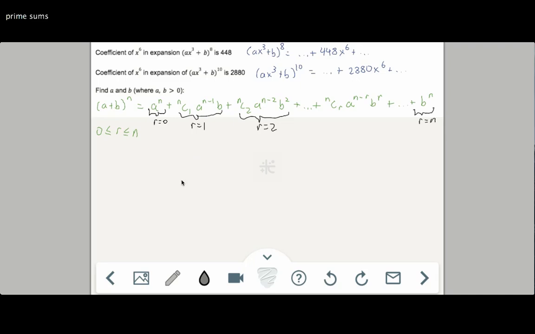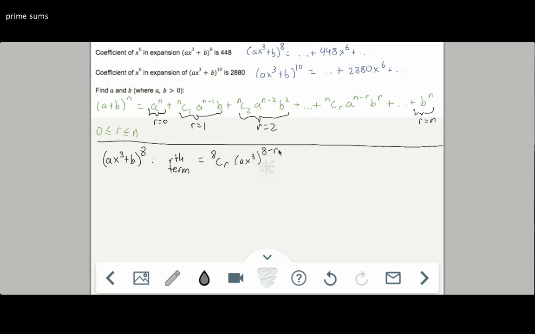Okay, well, let's apply this logic to our expansions. First, the first expansion, (ax^3 + b)^8. The rth term here is going to be n choose r, where n is equal to 8, what we're raising the binomial to. So 8 choose r times (ax^3)^(8-r) times b^r.